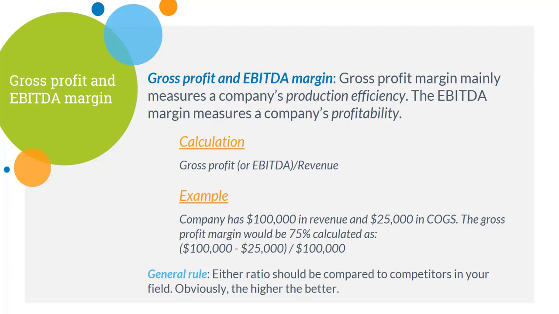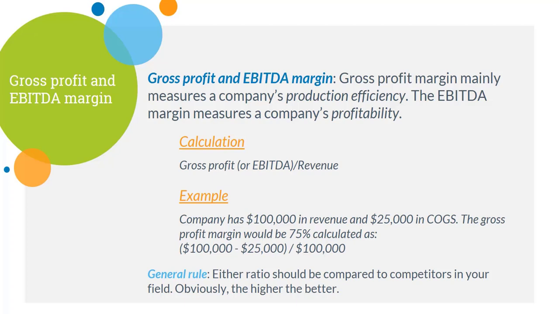So for instance, at a restaurant, it might cost you $3 to produce a hamburger and french fries, and you sell it for $6, well then your margins would be 50%. So they will definitely be lower than the software industry, where all they have to do is create one software and then just sell the heck out of it and make tons of money. And so that cost of goods sold is very small for them compared to the revenue that they can make. So that's what the gross profit margin is measuring.